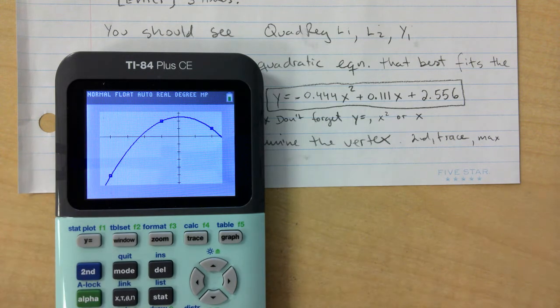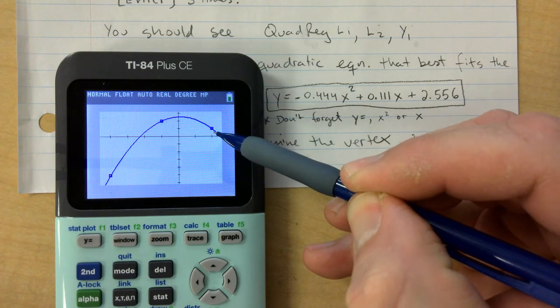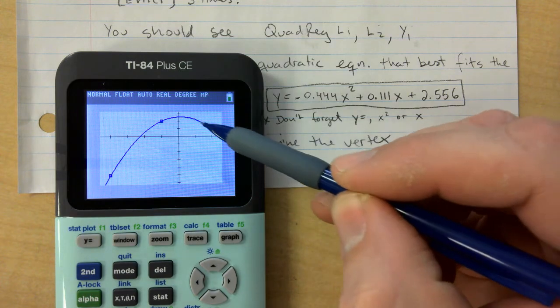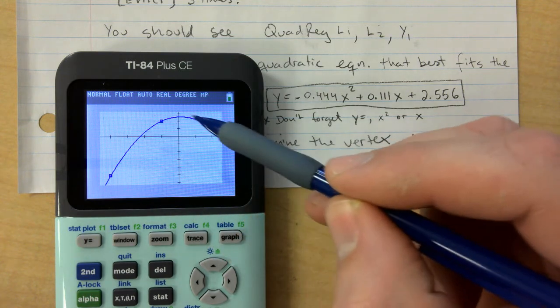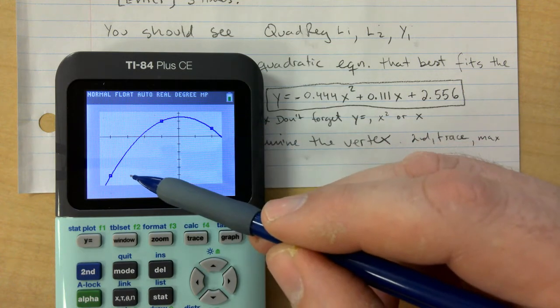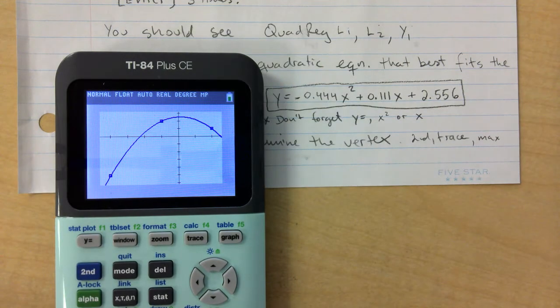And you should see, I don't know if you saw that, but what are these 3 you think? Those are the points you entered. And it's perfectly matching them. It won't always, but it should match them as best as possible. I made sure this was a perfect quadratic, okay? So now zoom 9 doesn't always do the trick.